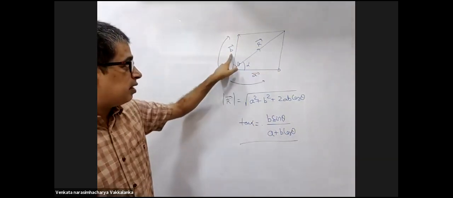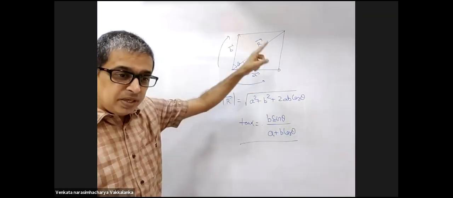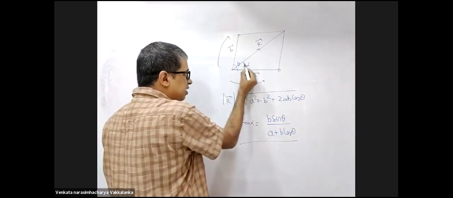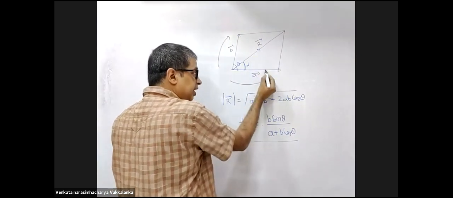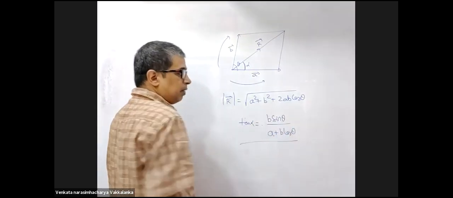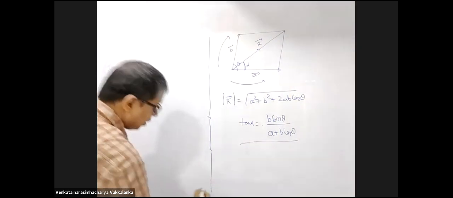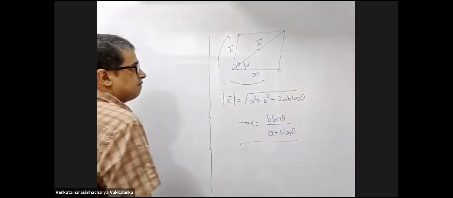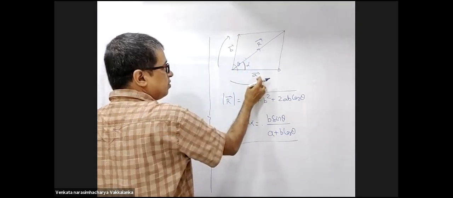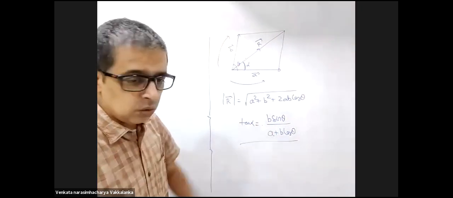If we want to find the angle with vector B, then it will be A sin theta upon B plus A cos theta. Interchange the roles of A and B.